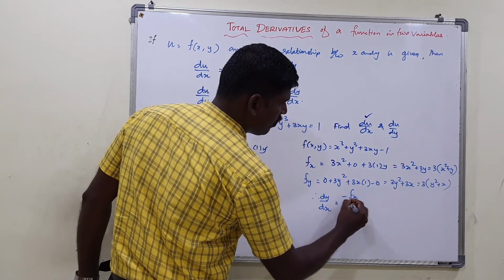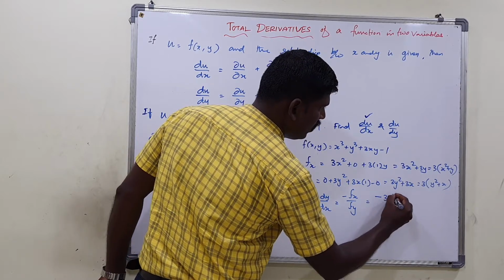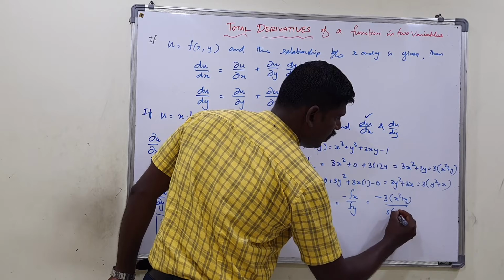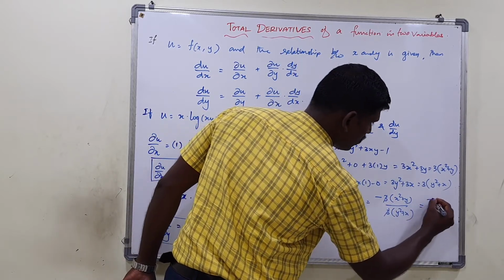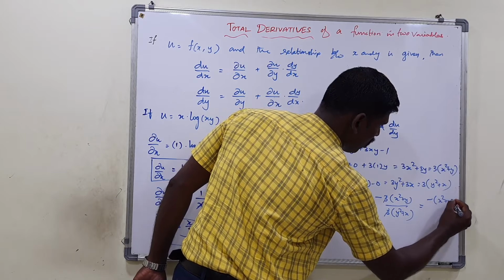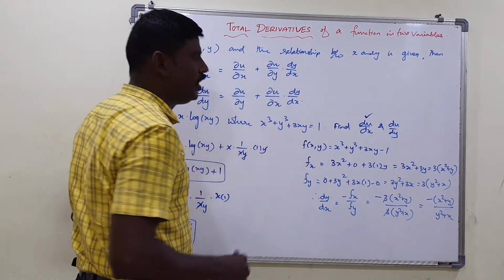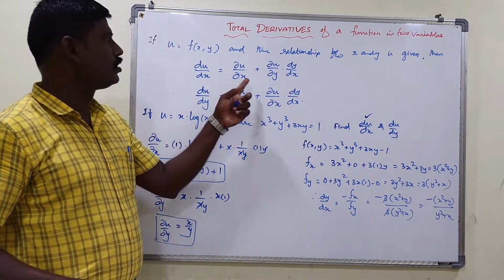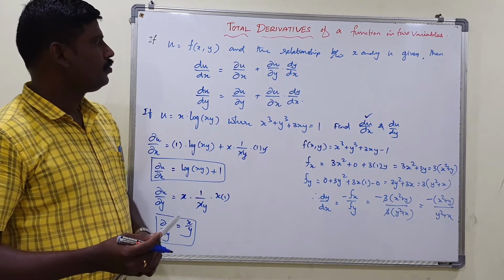Minus fx by fy, that is equal to minus 3 into x square plus y by 3 into y square plus x. We can cancel the 3, so the answer will be minus of x square plus y by y square plus x. This is the value of dy by dx. Now I have found all these three values. Now I am going to substitute them here, and we can get the answer.